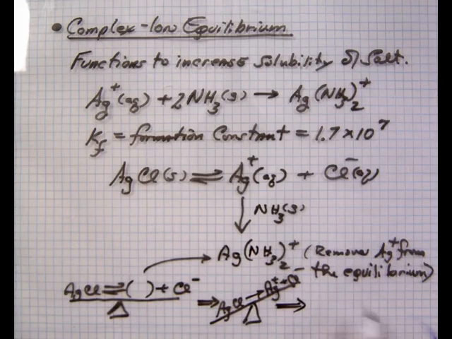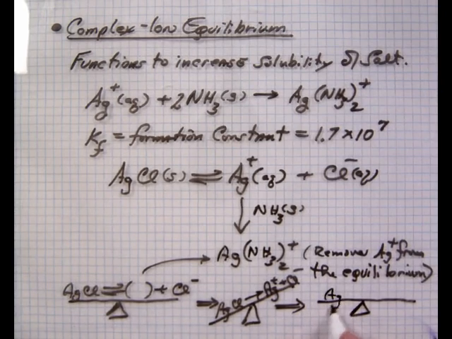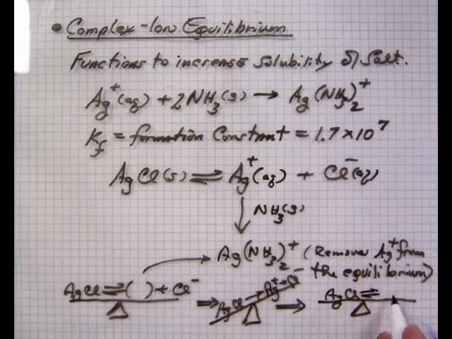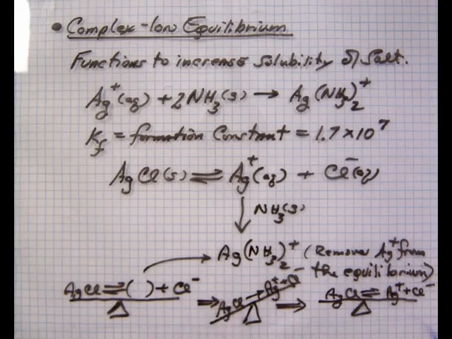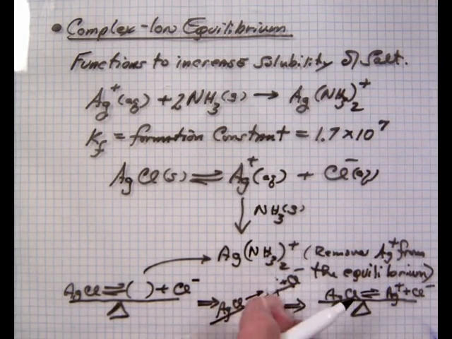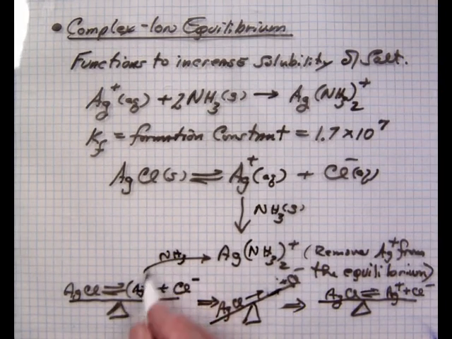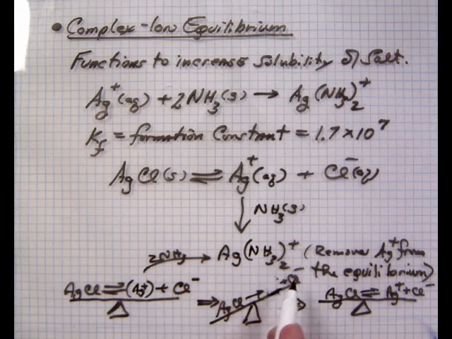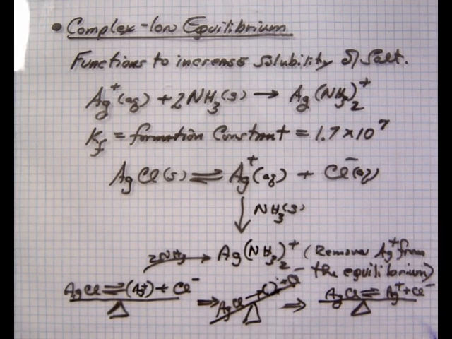and ultimately reestablish a new equilibrium with a higher concentration or more of the silver chloride dissolved as such. So this was really removed from the system when you had the silver plus and NH3 reacting to form the complex, causing the void in the silver position, which made it lighter on the right side of our seesaw or equilibrium.